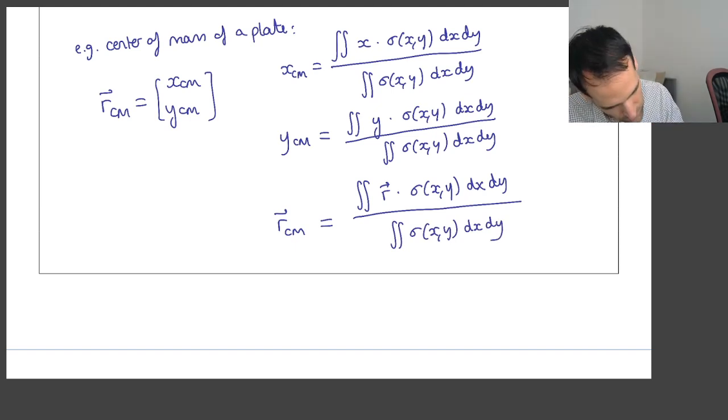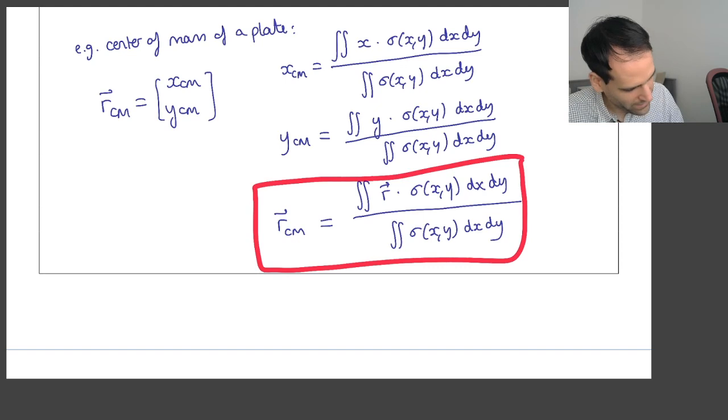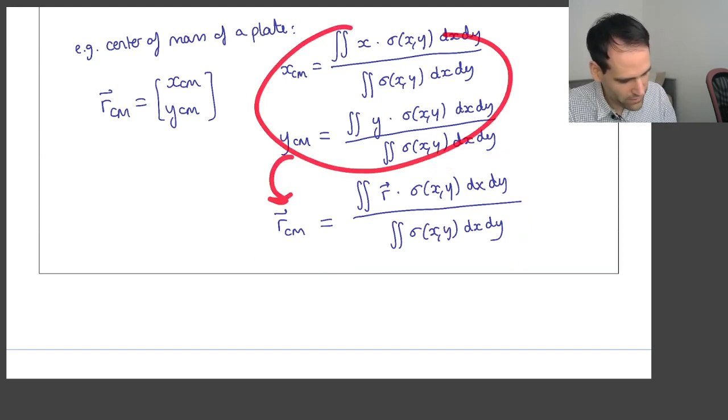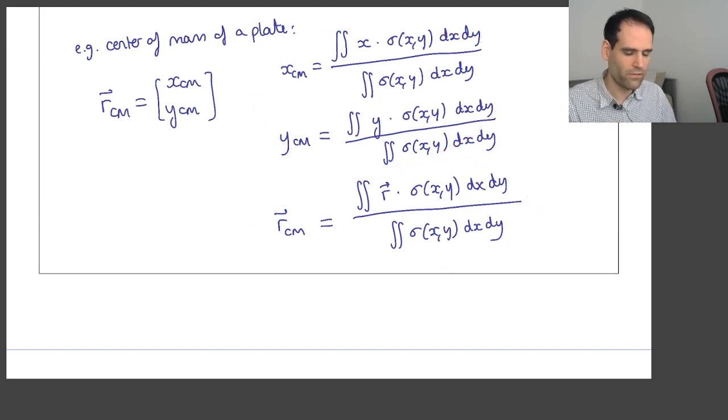Okay, so this would be how you could calculate the center of mass of a plate. And we can write these two equations. They are summarized into one single equation by the rules of integrating vectors.